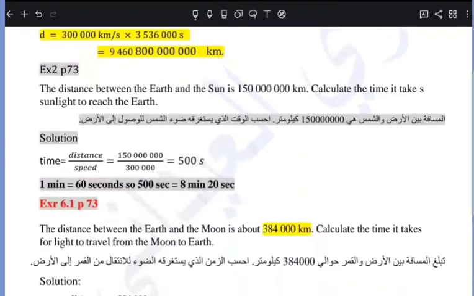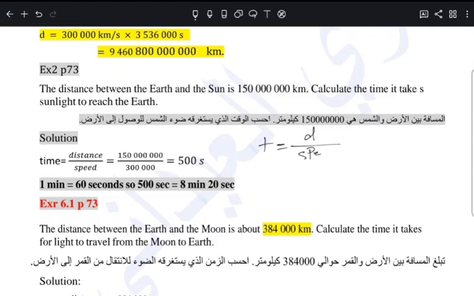Now I have example 2 on page 73 in the book. The distance between the Earth and the sun is 150 million kilometers. Calculate the time it takes the sunlight to reach the Earth. When I need to calculate the time, we can use the law: time equals distance divided by speed.